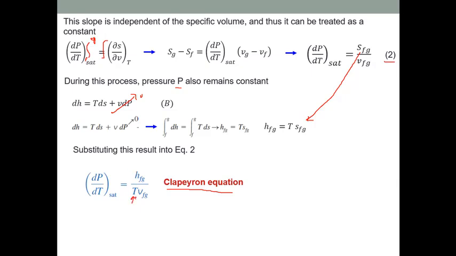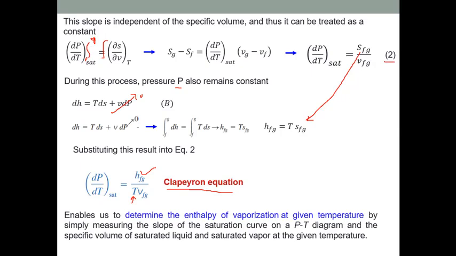Let's say the temperature is 50 degrees C, so at 50 degrees C we can get the slope from the PT curve. Similarly, we can calculate the specific volume of the saturated liquid at that temperature, and the volume of the saturated vapor at that given temperature. So we can calculate the value of the enthalpy of phase change, right?